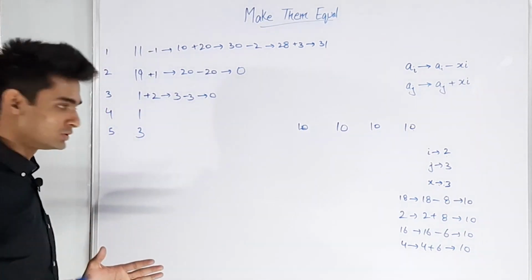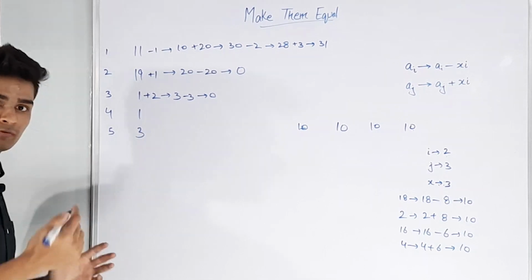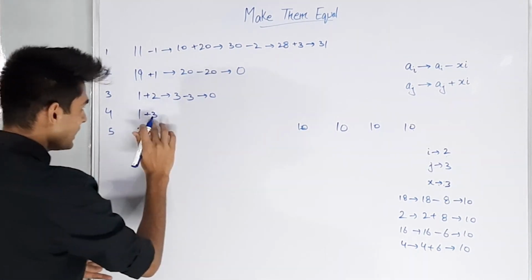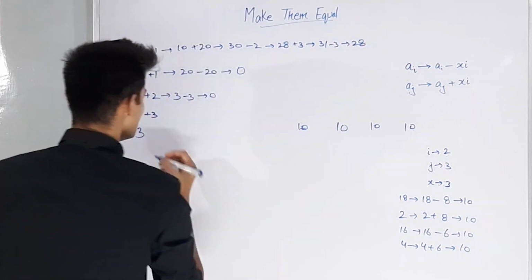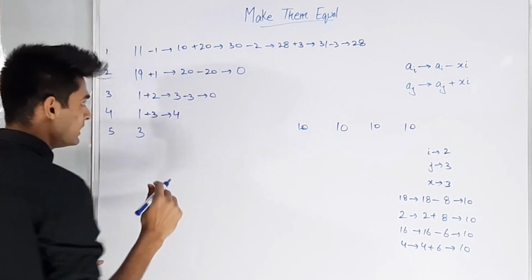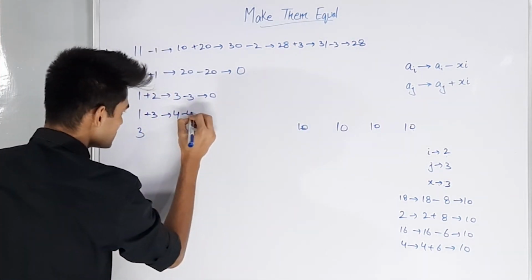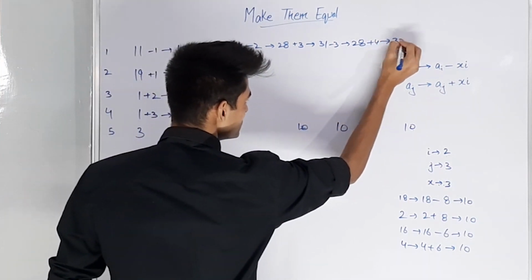We follow the same approach for every index. So now we again have 1. In order to make this a multiple of 4, we have to add 3 to this. So we add 3 here and we remove 3 from index 1. So this becomes 28 and this becomes 4. And now we can remove this 4 from here and add it to index 1. So this becomes 0 and this becomes 32.